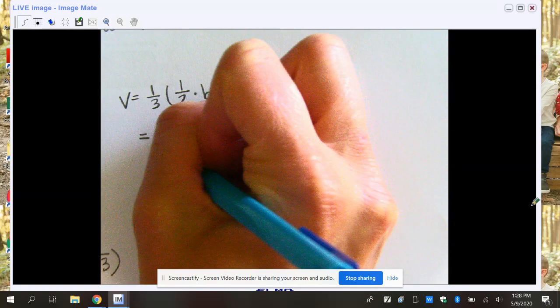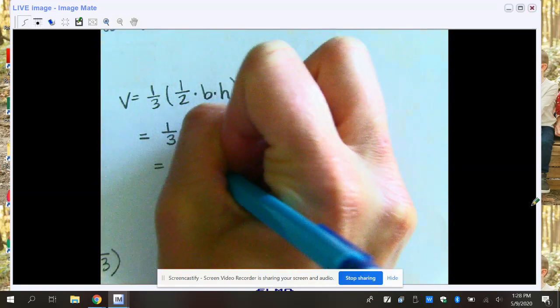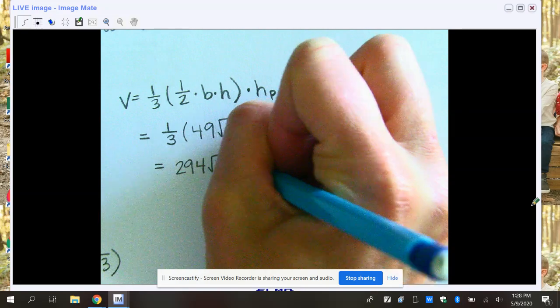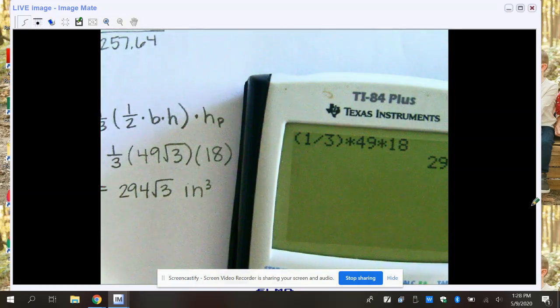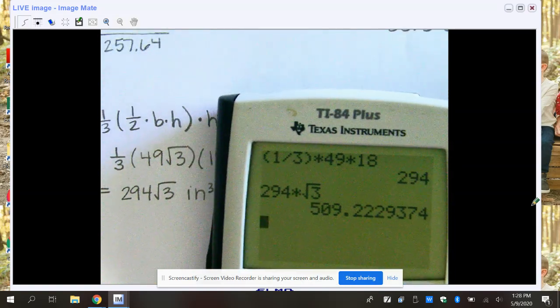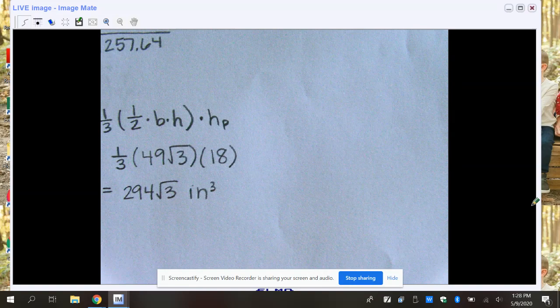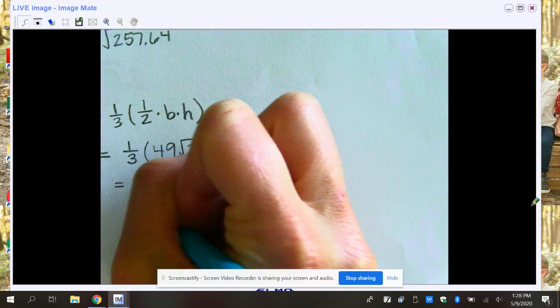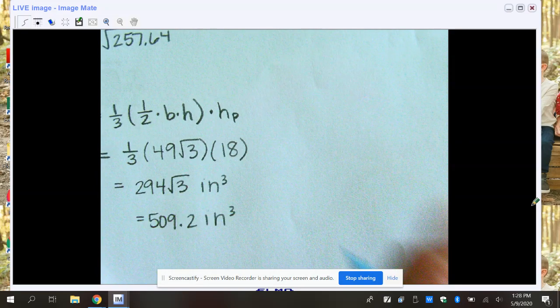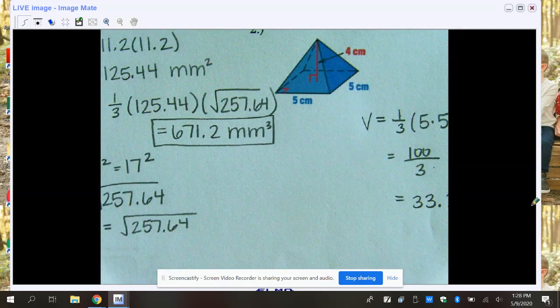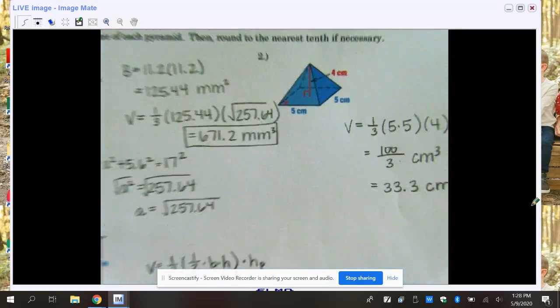All right, so then this final answer is going to be 294 times the square root of 3 inches cubed. And then when I go to find my approximate answer, 294 times the square root of 3 is 509.2 inches cubed. Okay? And so that is the volume of a pyramid.